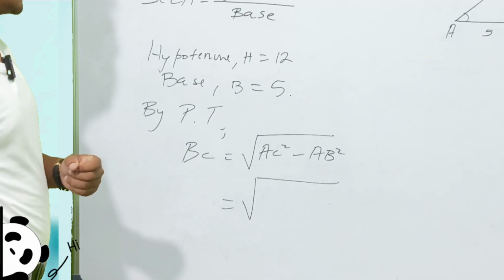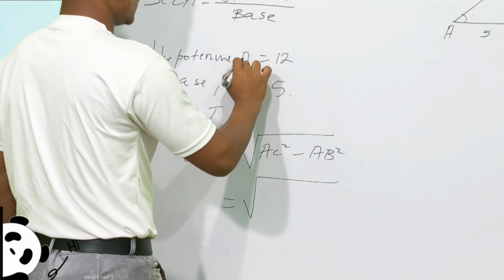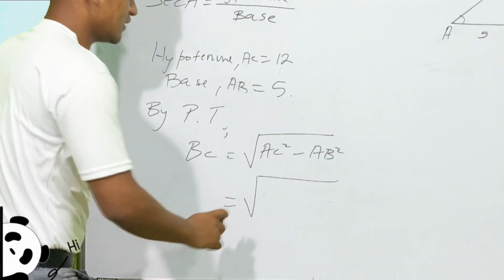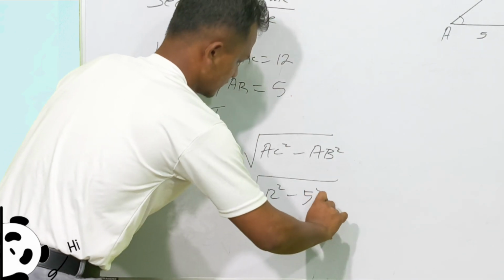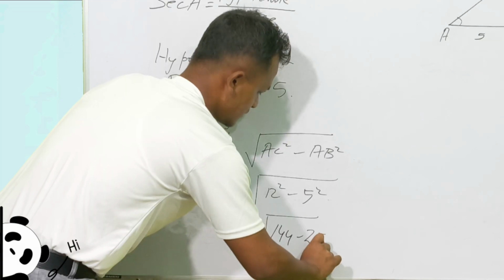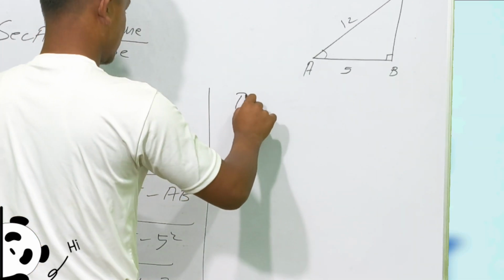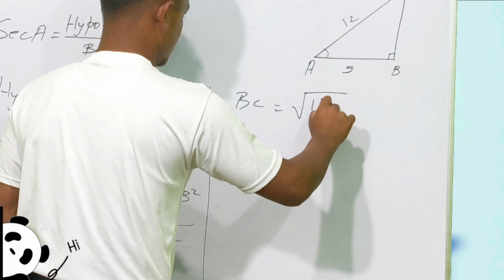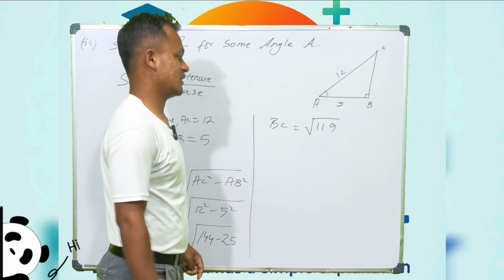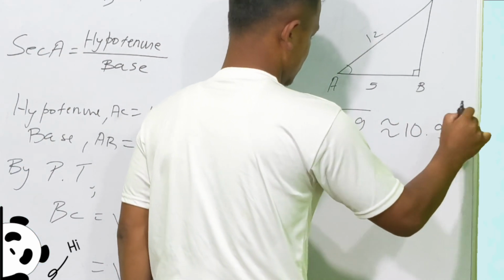Substituting the value of AC, which is 12, we get 12 square minus 5 square. 12 square will give you 144, minus 5 square, which is 25. 144 minus 25, then BC will give you root 119, and the approximate value of root 119 is 10.9.